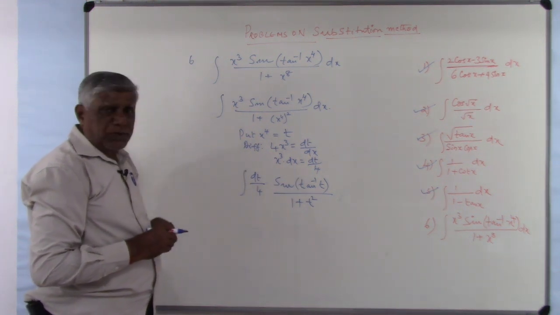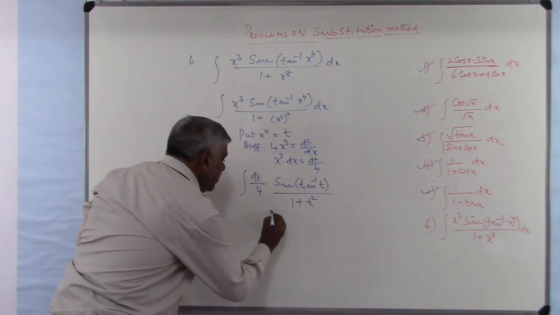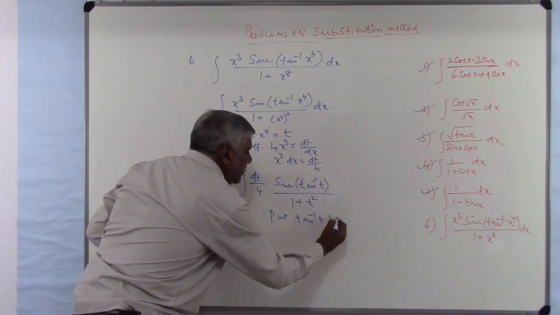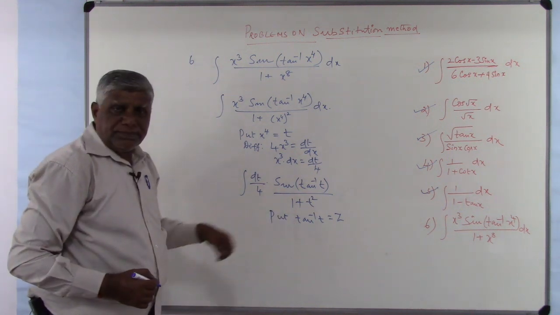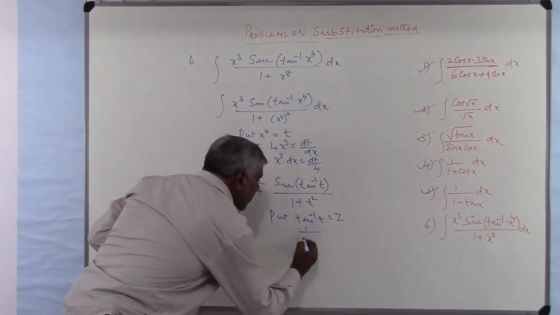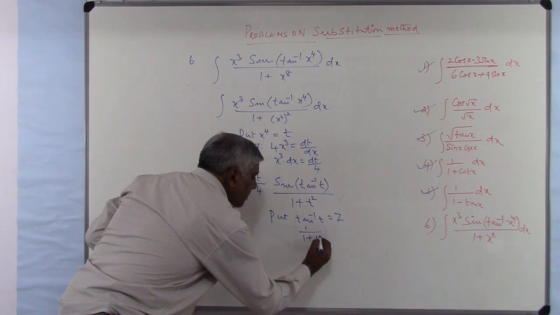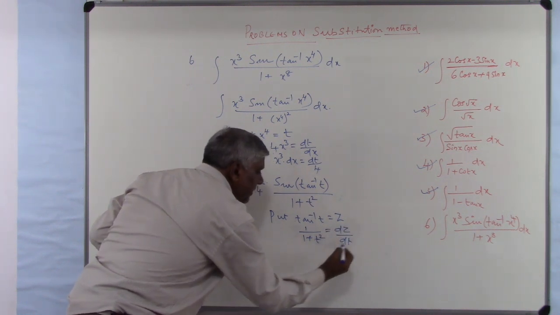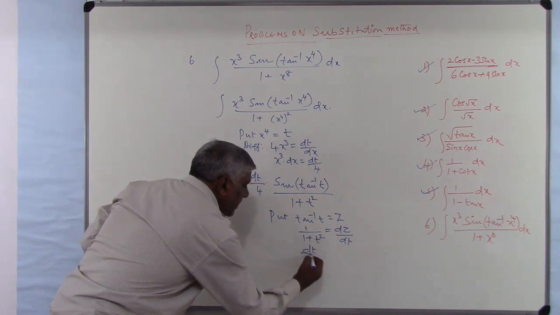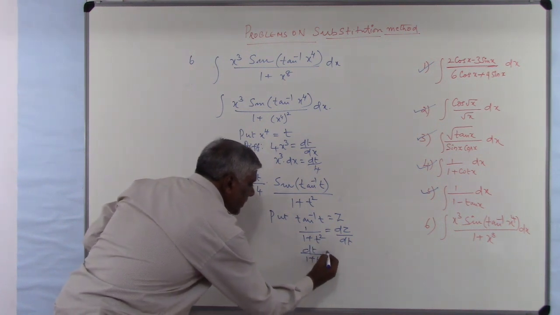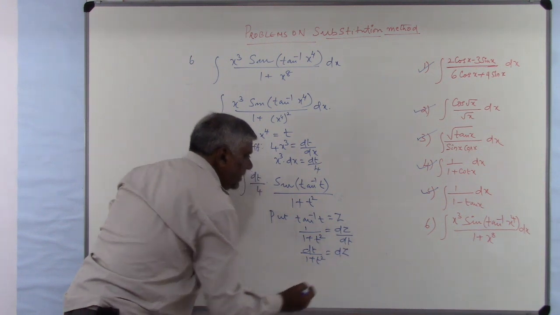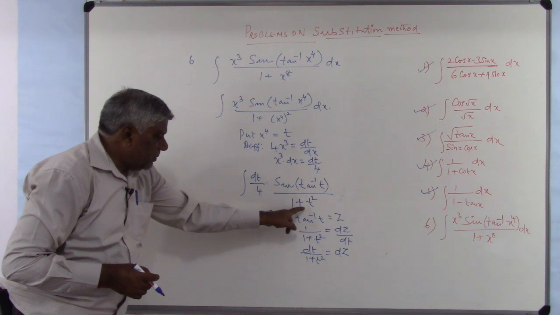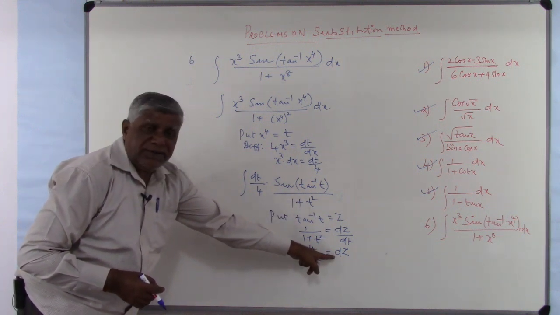Now what I am going to put? Again put tan inverse t is equal to z. When you differentiate this, 1 over 1 plus t square is equal to dz by dt, or dt by 1 plus t square is equal to dz. So dt by 1 plus t square is how much? dz.